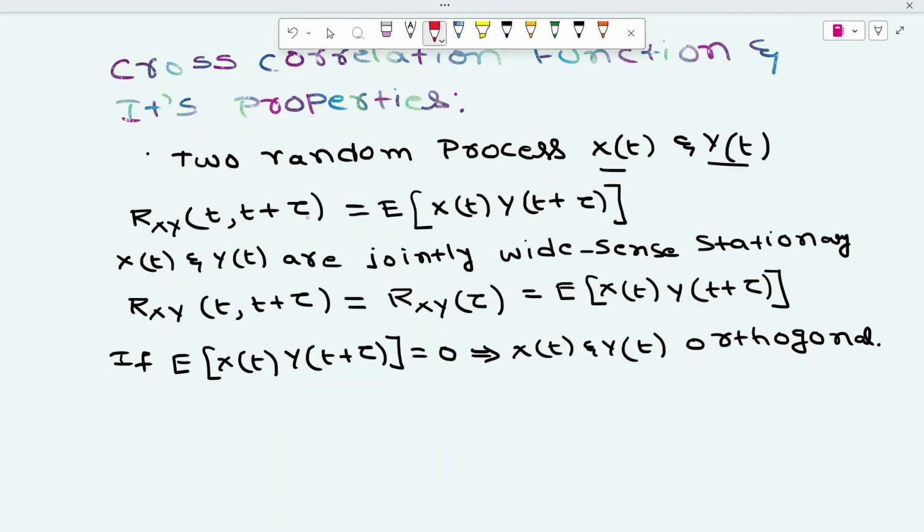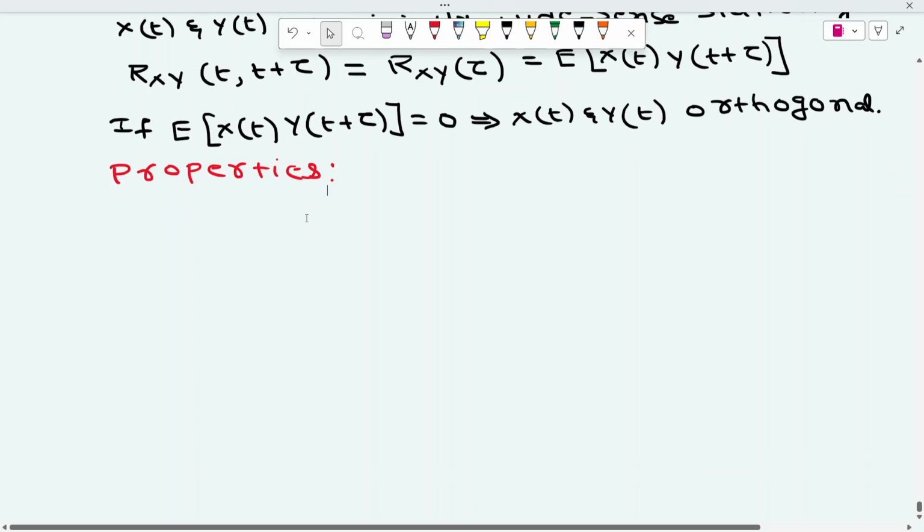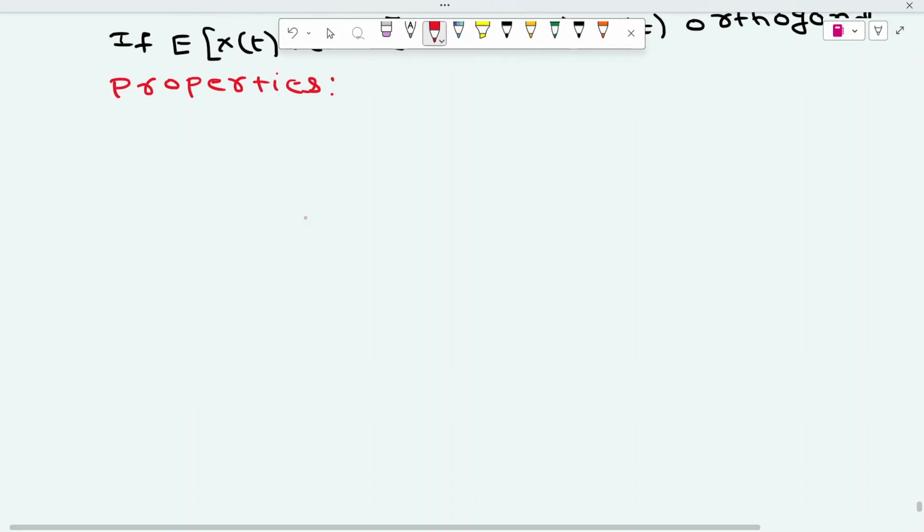Next, we will see the properties of cross correlation function. First property is the same as for autocorrelation function.